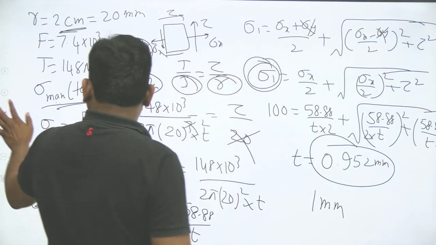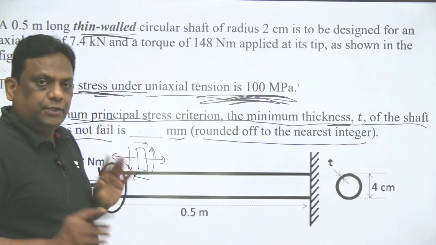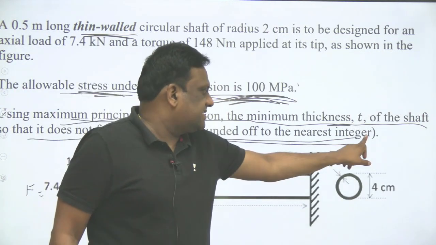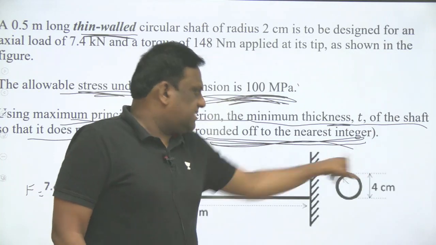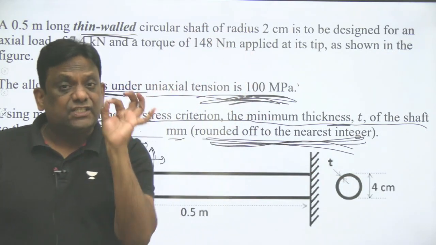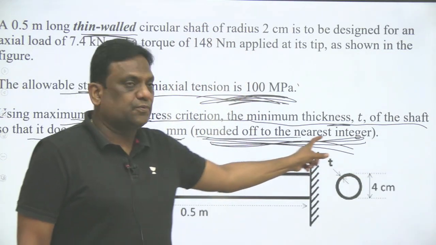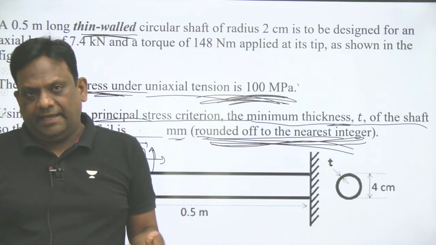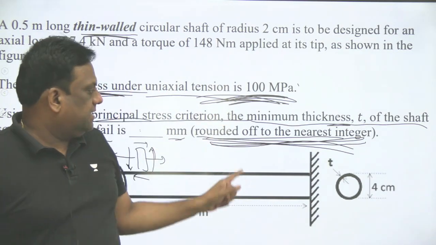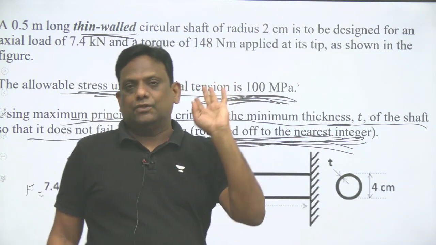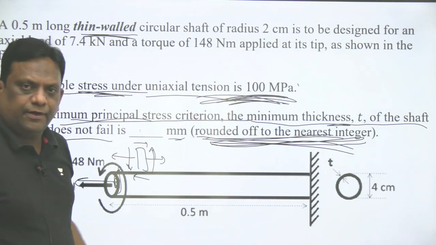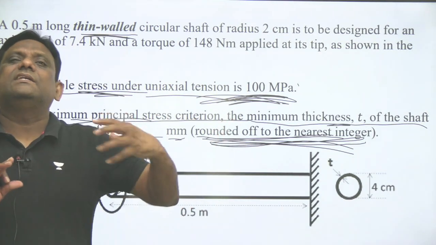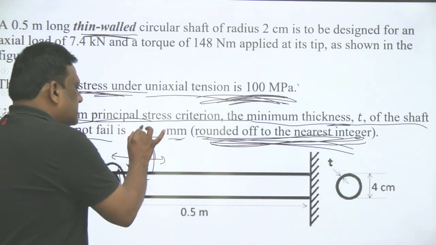If you put 0.952, it will not be in the range. That's why I said read the instructions properly. Even though everything you calculated is correct, you have not seen the rounding to the nearest integer, and that's why it is wrong. So the answer is 1.